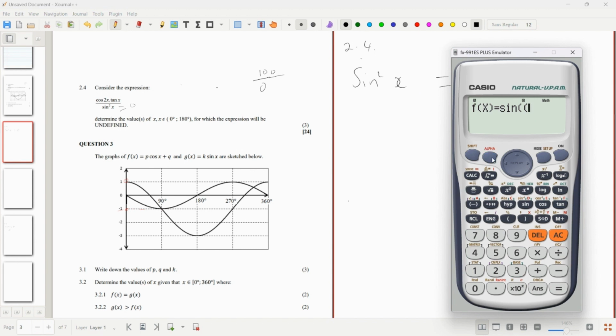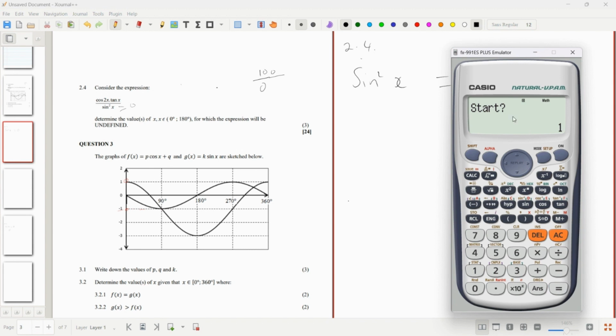Press alpha, you can see it's red here, and select x, which is red here. Put this bracket here, x will appear, and then we close the first bracket. We want to square the x, and then we close the bracket again to match the other one. And then from here we press the equal sign.